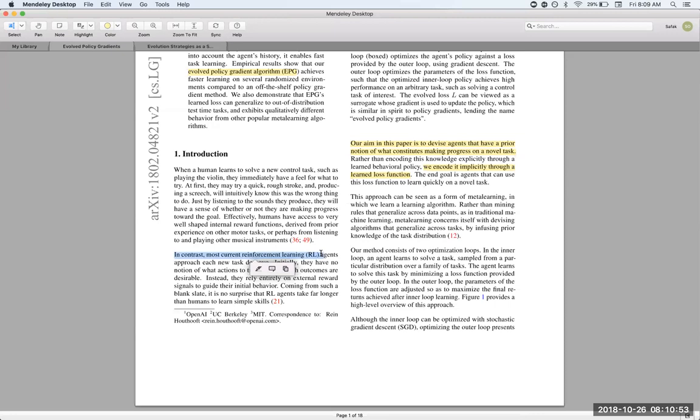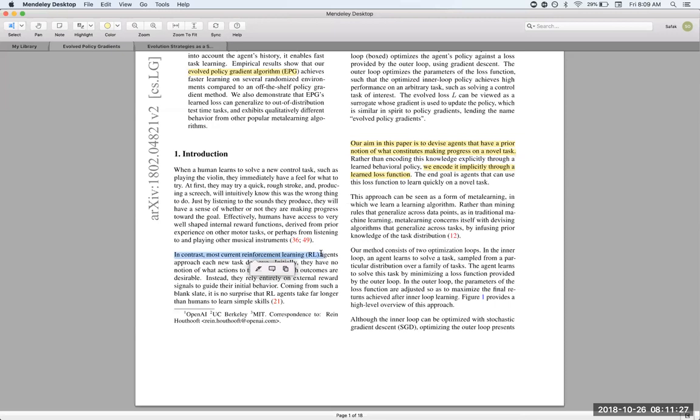So this behavior is encoded implicitly through a learned loss function, a differentiable and evolved loss function. The end goal is agents that can use this loss function to learn quickly on a novel task. So fair enough. Let's see. The bird's eye view of the algorithm is illustrated here.